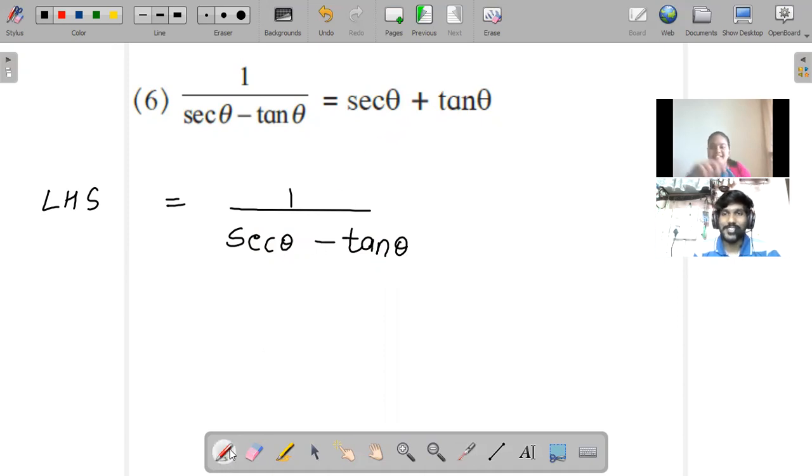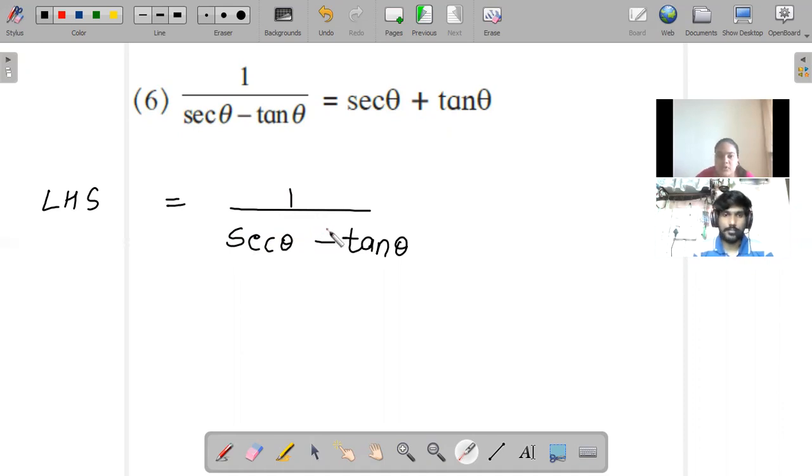No. We cannot do that. In this sum, whenever you have 1 upon something, that means something in the denominator, and the denominator has a plus or minus sign, and you need to bring the same terms to prove it, then you rationalize the denominator.